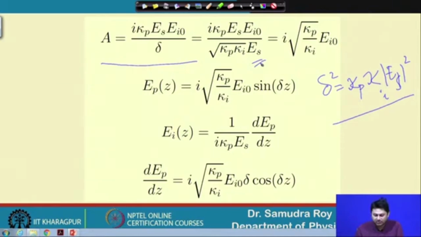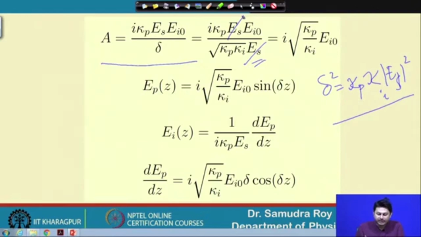So, Es, whatever the field we have at the input, has some kind of phase which we consider the reference. So, we consider this as 0. Then this becomes simply a real quantity. When we do that, this Es will cancel out. By the way, this assumption is without any loss of generality. So, there is no harm in taking this kind of consideration. We can always do that.